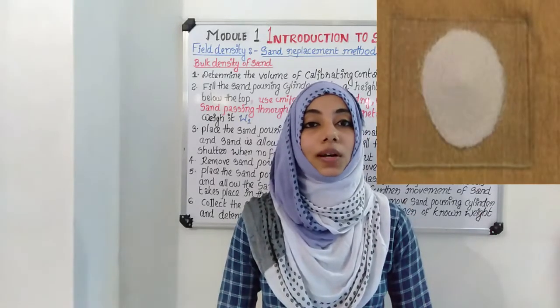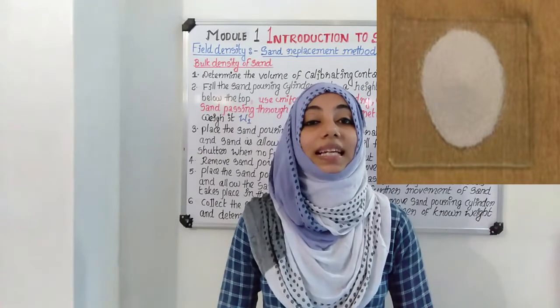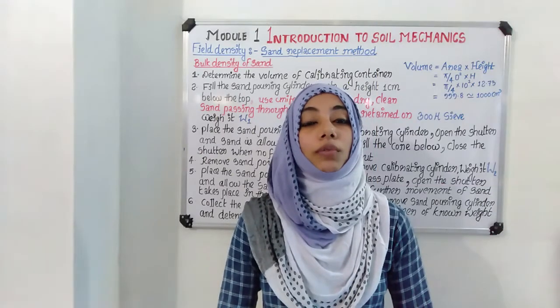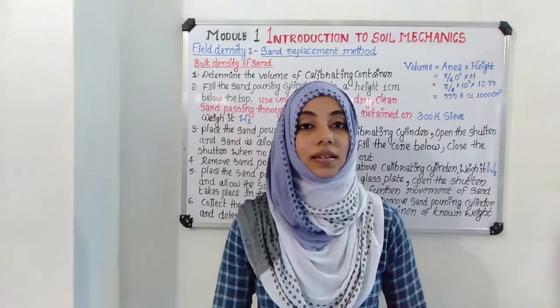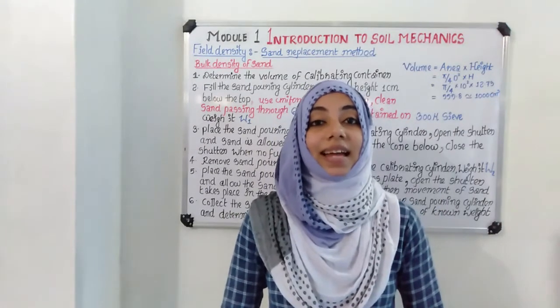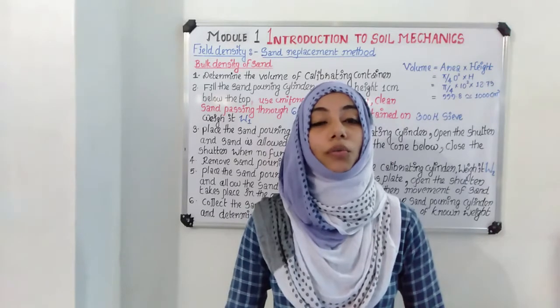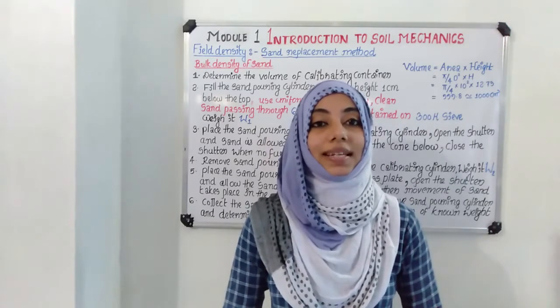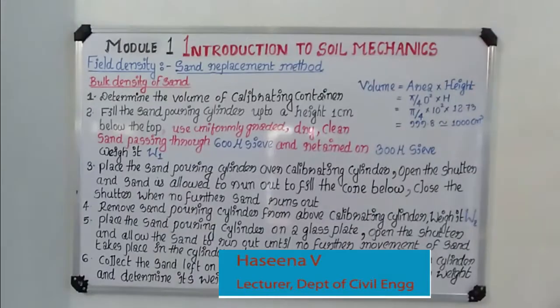So we can observe a heap of sand on the top of the glass plate. We want to determine the weight of this heap of sand. So our next step is collect the sand left on the glass plate in a container of known weight and determine its weight, which is marked as W3.